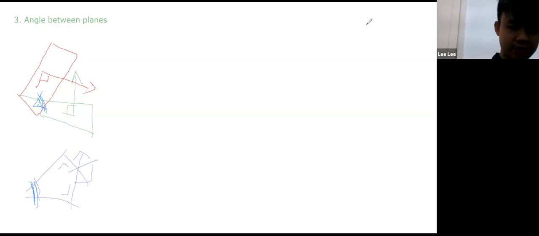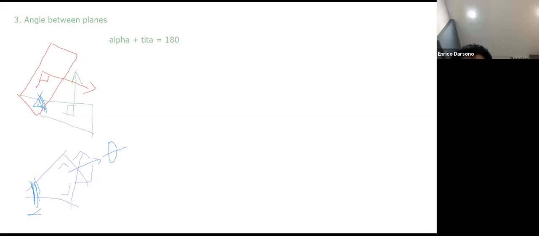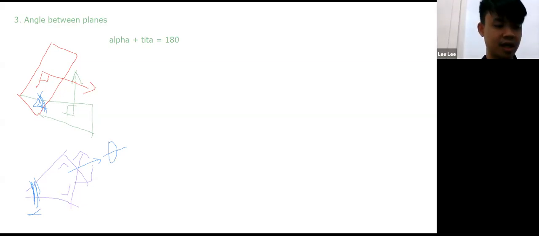Let's say I call this corner theta, and the blue angle that I'm talking about, let's call this alpha. So I can say alpha plus theta will be 180 only, because I've already cut away 90 and 90. Any questions you'd like to ask until here?